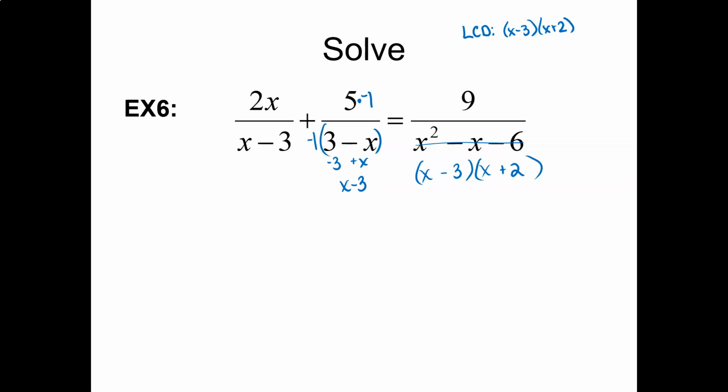So if you have just the opposite of what you need, so you need x minus 3, but you've got 3 minus x, you can multiply the top and bottom of that particular fraction by a -1. And if you do that, it will flip that back around to be what you need.